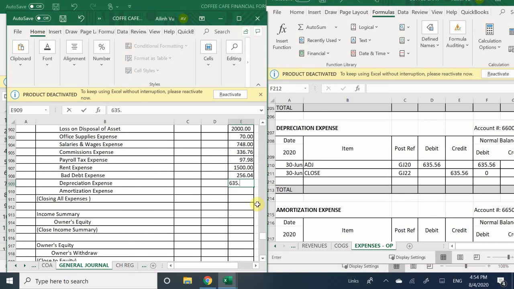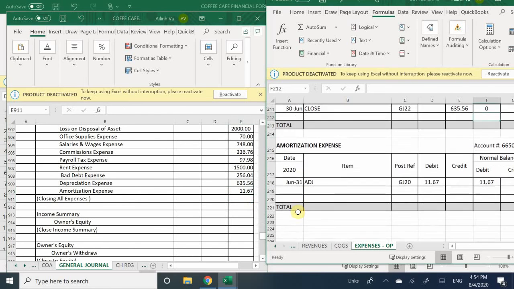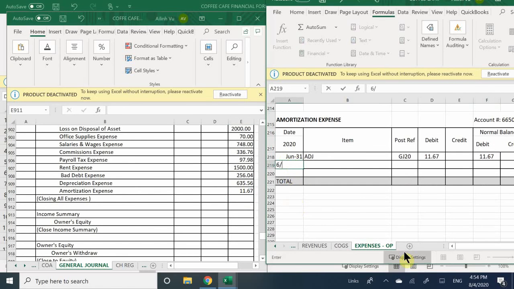Okay, last but not least is $11.67 for amortizing expense, which I will go ahead and close that out. $11.67. There you go, 0. So now all of my expense accounts have been zeroed out.